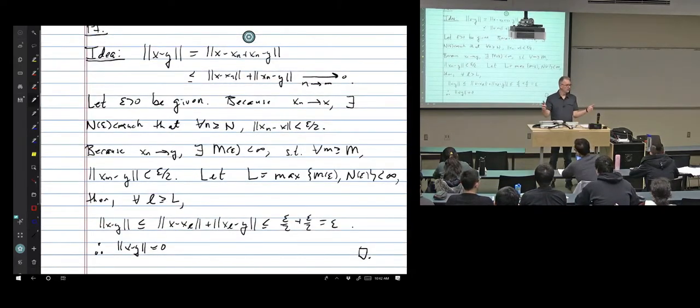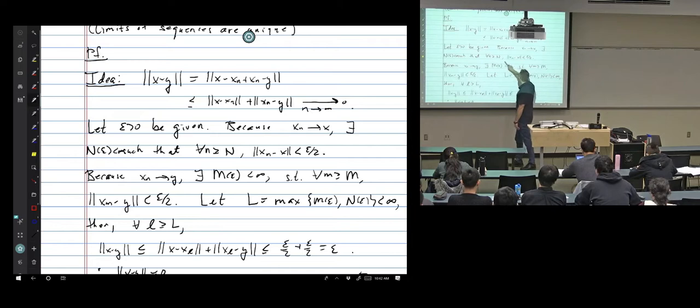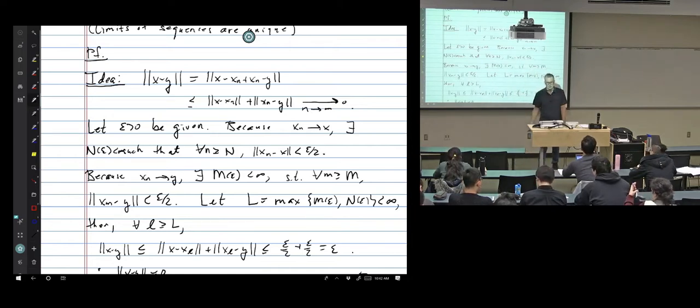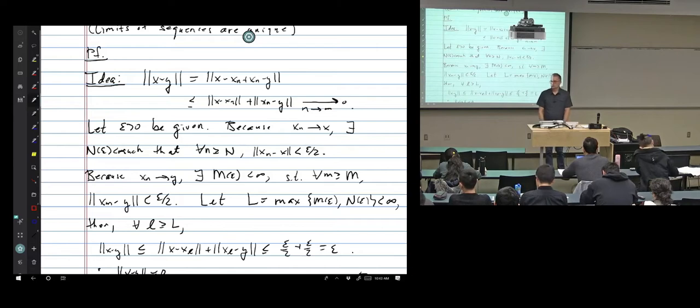Just using the definition of converging sequences. You go far enough down the path, everything beyond that is within your given level of approximation. That's the notion of convergence. Questions on that? No?